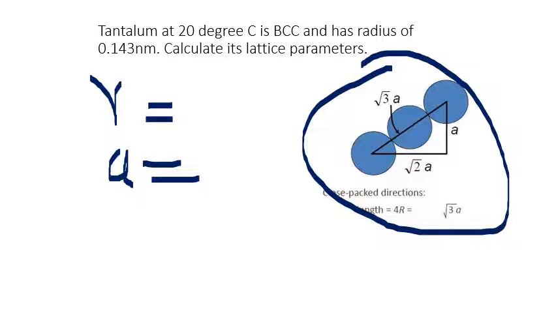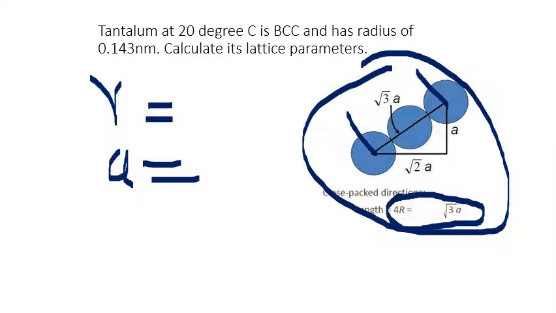This is A, this is root 2A and this is root 3A. This root 3A is nothing but 4R, from here to here it's 4R. So 4R will be equal to root 3A.